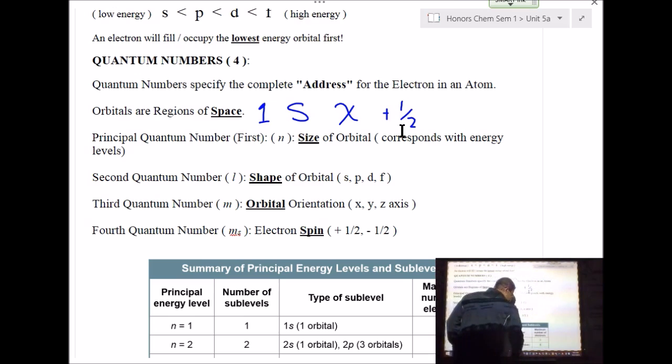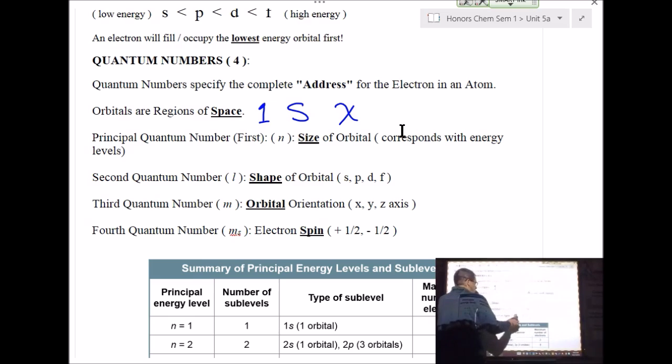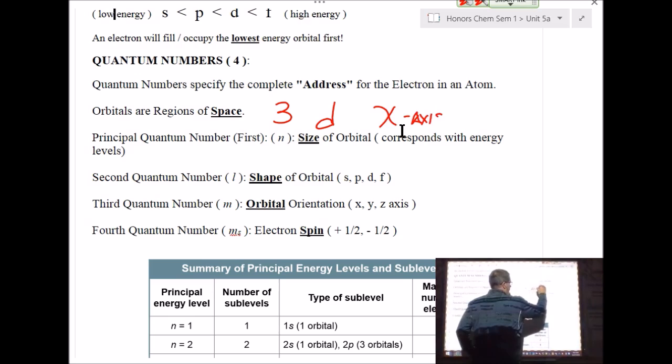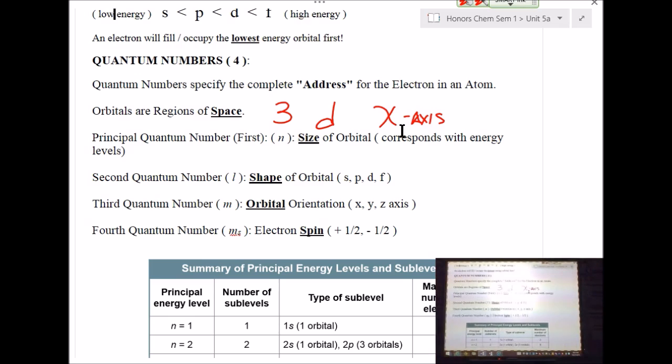Let me ask you this. What if I had 2 orbitals? Let's say that in the third energy level, I have a d orbital and it's along the x-axis. Can I have 2 of those orbitals in the same exact location?